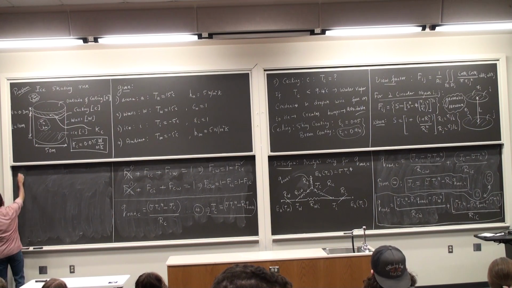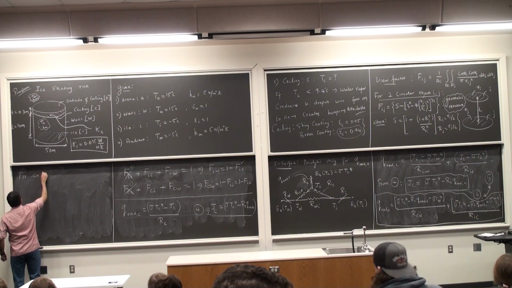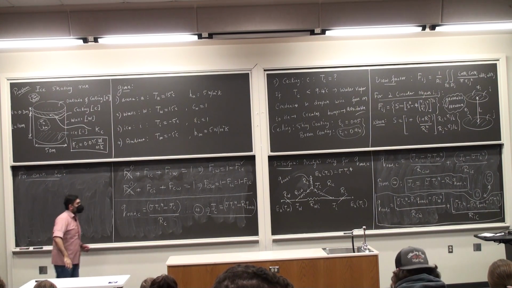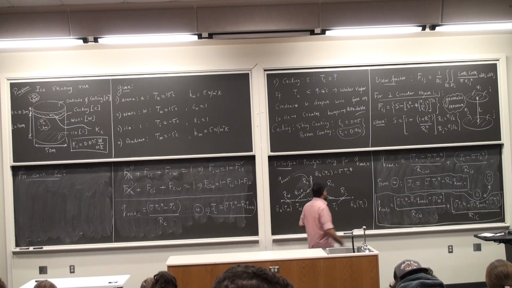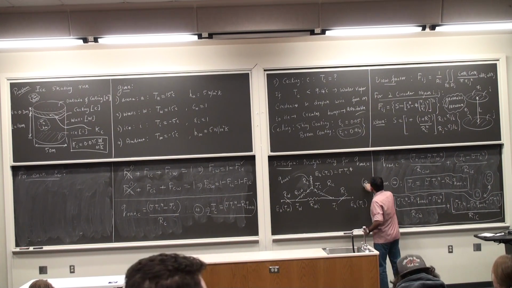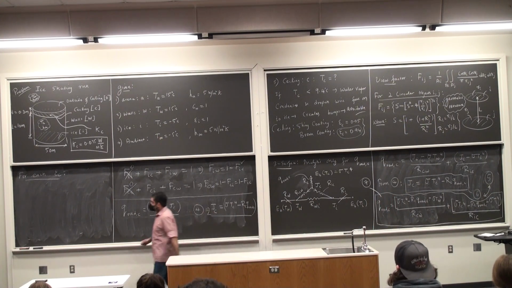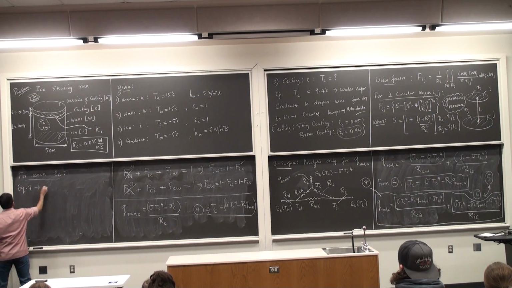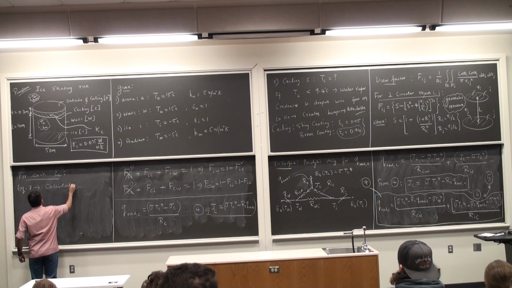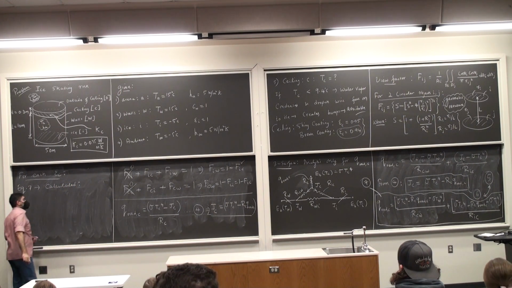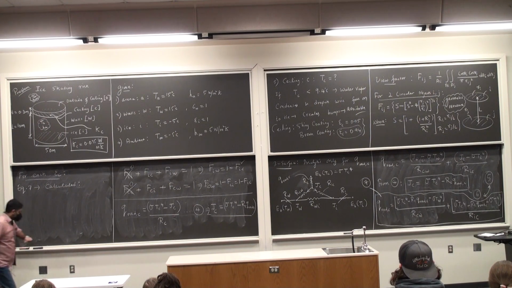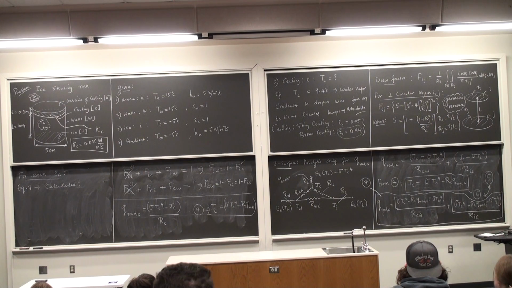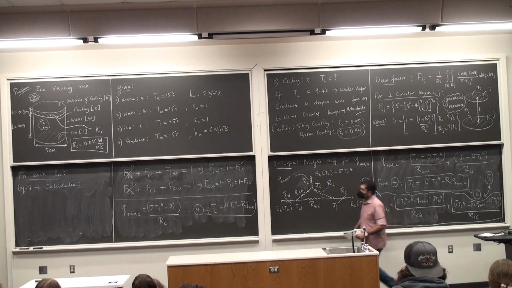So each epsilon C, let me call this equation 7, we're running out of numbers too. Equation 7 is calculated, and I'll write that down and we'll be done with it.